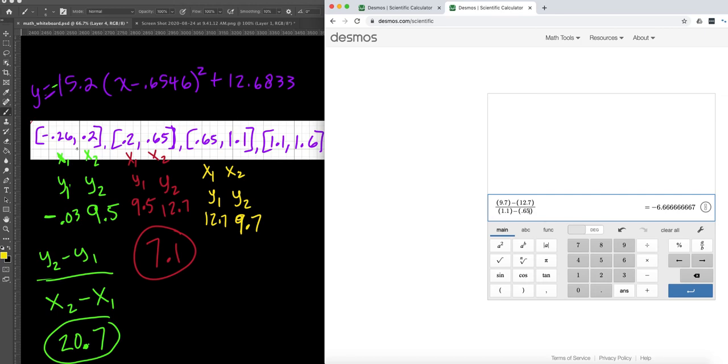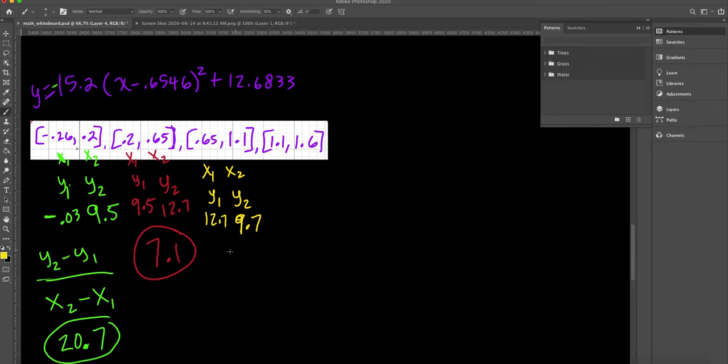Okay, so we didn't get exactly the same answer. But some of that could be due to the rounding that we did. They're fairly close. So it's 7.1 and 6.7.